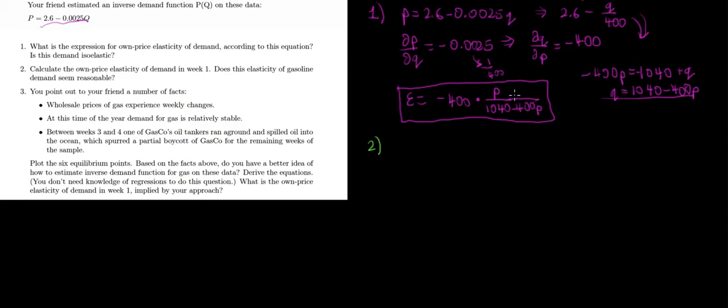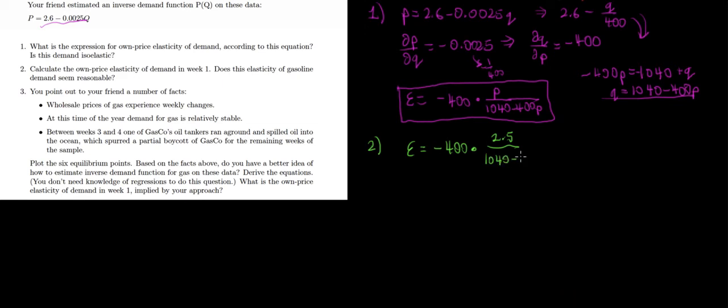So the price is 2.5. The question is a little bit imprecise, but I have interpreted this as meaning we use the estimated inverse demand function to calculate the own price elasticity at week 1. So epsilon is equal to negative 400 times 2.5 over 1040 minus 400 times 2.5.